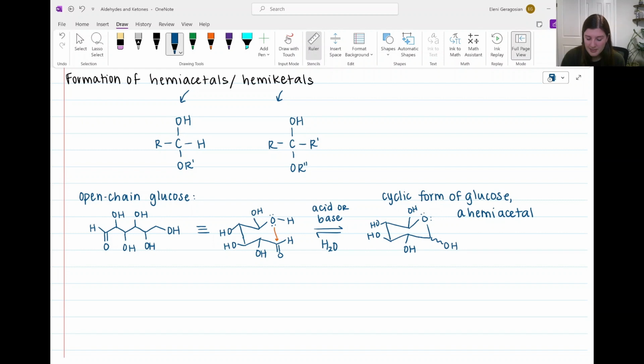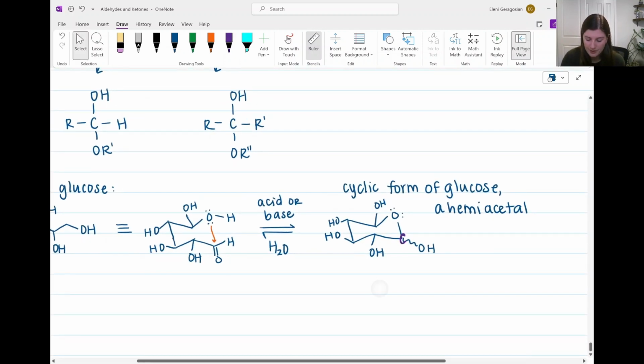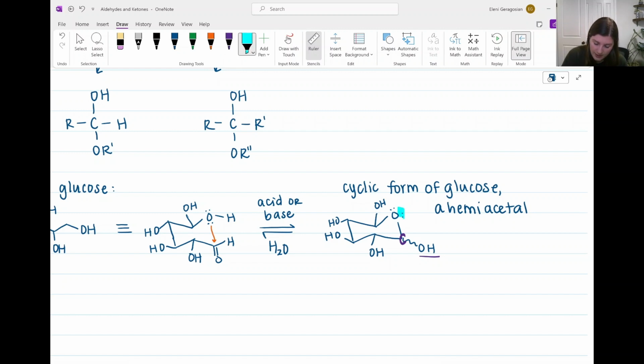Now we said a hemiacetal has an OH group, an R group, and a hydrogen, and an alkoxy group. Well, this carbon that I'm drawing out in purple right there, I'll zoom in here. This carbon is bonded to an OH group. This area and beyond is the OR group.